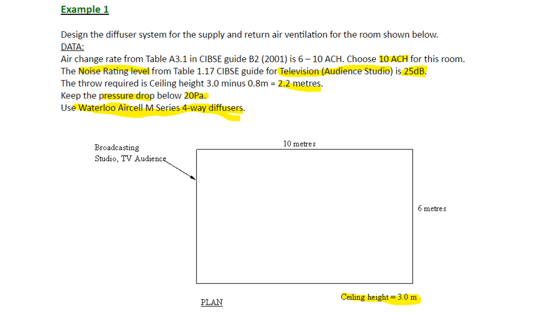Sometimes it is recommended by you as an HVAC engineer or designer, or it is already required by the client, so you have to ask the client. Okay, the size of the room is 10 meters times 6 meters times 3 meters height. Width times length times height.